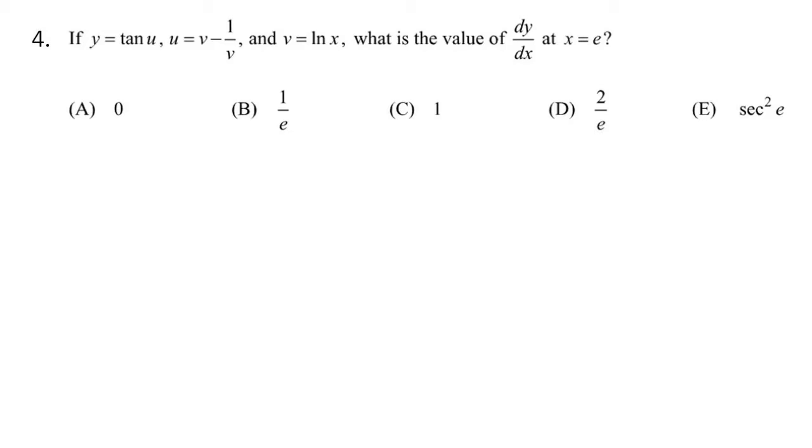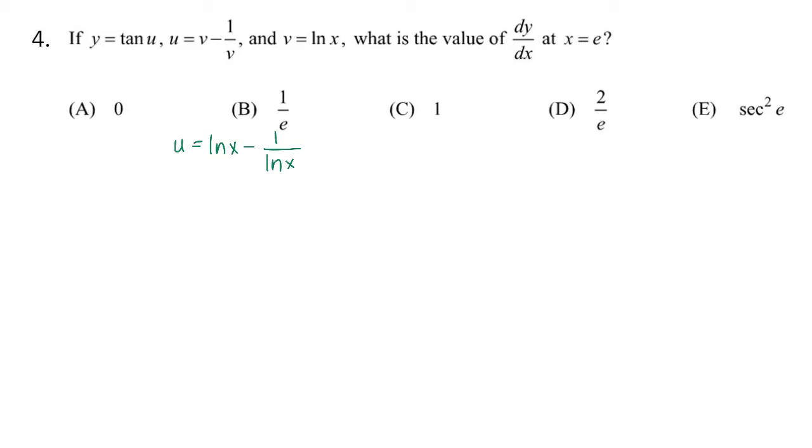All right, so let's see. If v is equal to the natural log of x, then that means that for u, we can substitute in here. And so we're going to have u equals v, which is natural log of x, minus 1 over natural log of x.